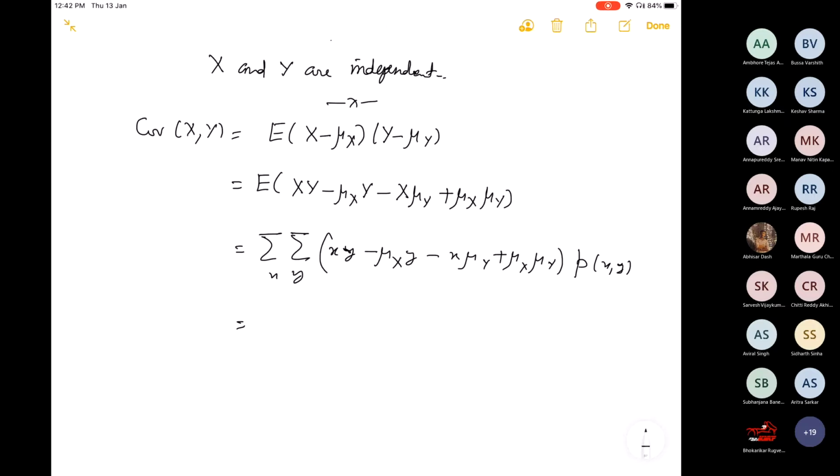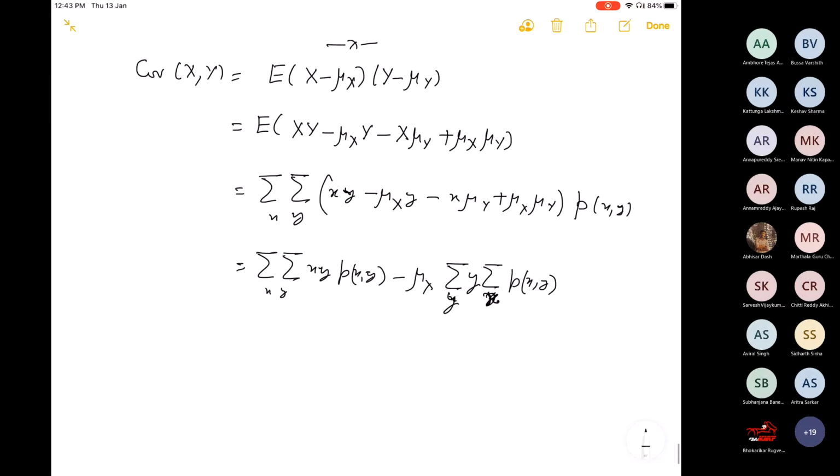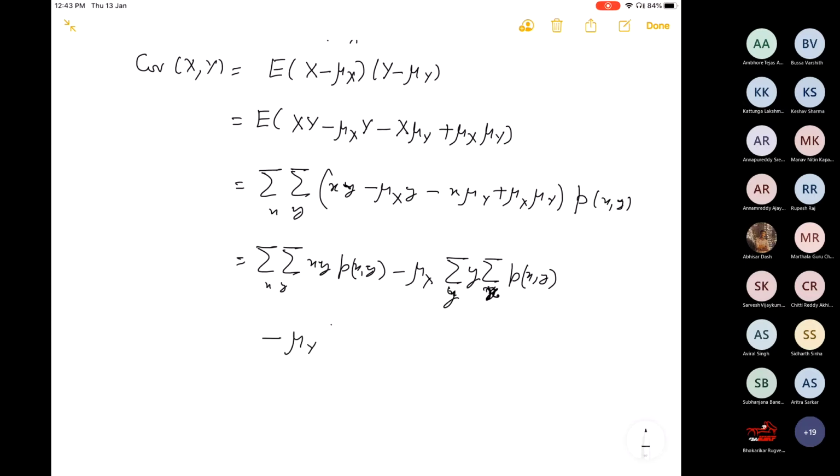So therefore this will come as a double summation of xy p(x,y), minus mu x double summation of y p(x,y), minus mu y double summation of x p(x,y), plus mu x mu y double summation of p(x,y).